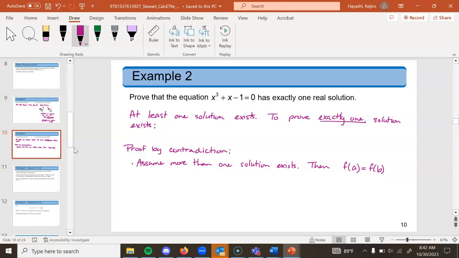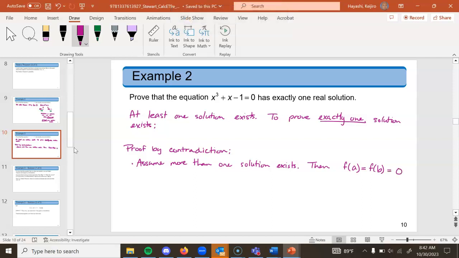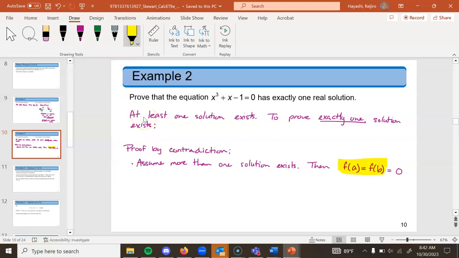And there are two x values, a and b, that are solutions. And if they're solutions to that, then the function value should be 0 on both of them. But the function values being the same is the important part.